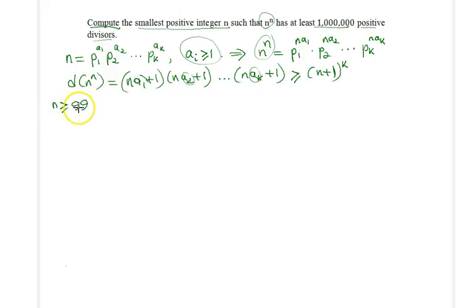Well, consider the case where we're trying to make n + 1 probably 100, and then this would be the third power, for instance. So if n is greater than or equal to 99 and k is greater than or equal to 3, in that case that would imply that the number of divisors of n to the n is obviously going to be greater than or equal to 100 to the third power, which is equal to 1 million.